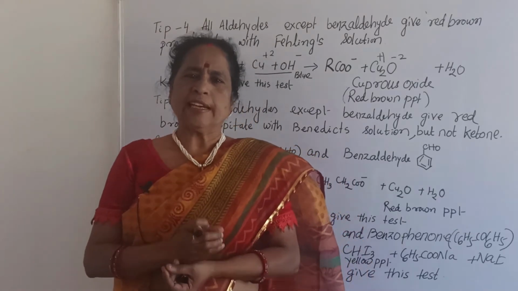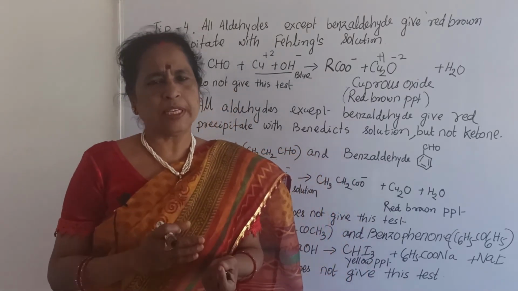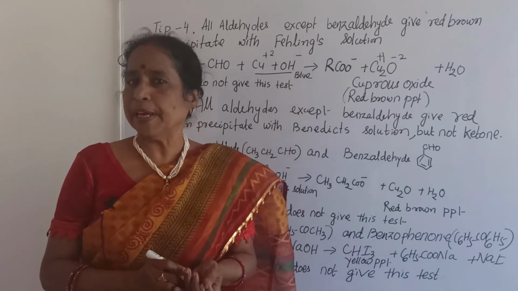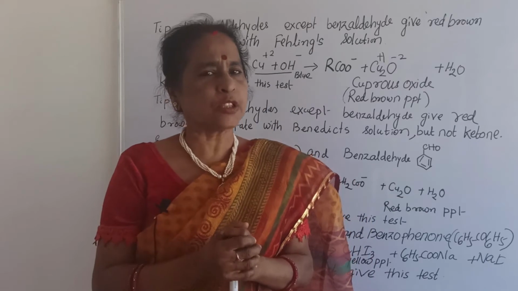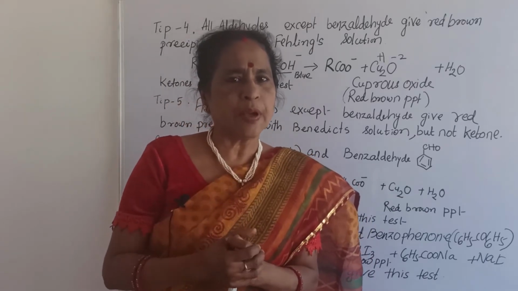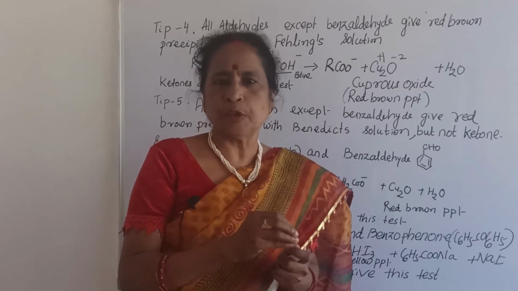You will see the next test, that is Fehling solution test. Fehling solution means Fehling A and Fehling B. When Fehling A and Fehling B combine, it gives Fehling solution. What is the color of the Fehling solution? Blue color. Why? Because it contains Cu2+ ion.